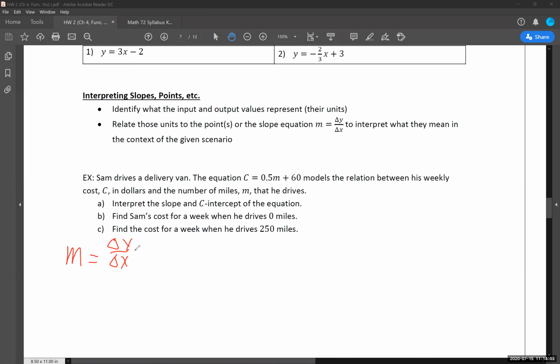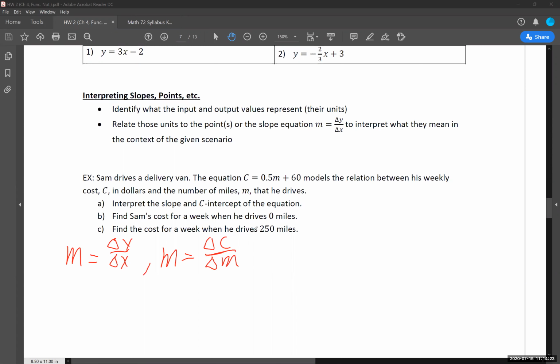Again, that's our general term with it. In this specific instance, it's the same as saying the change in our c values over the change in our m values.